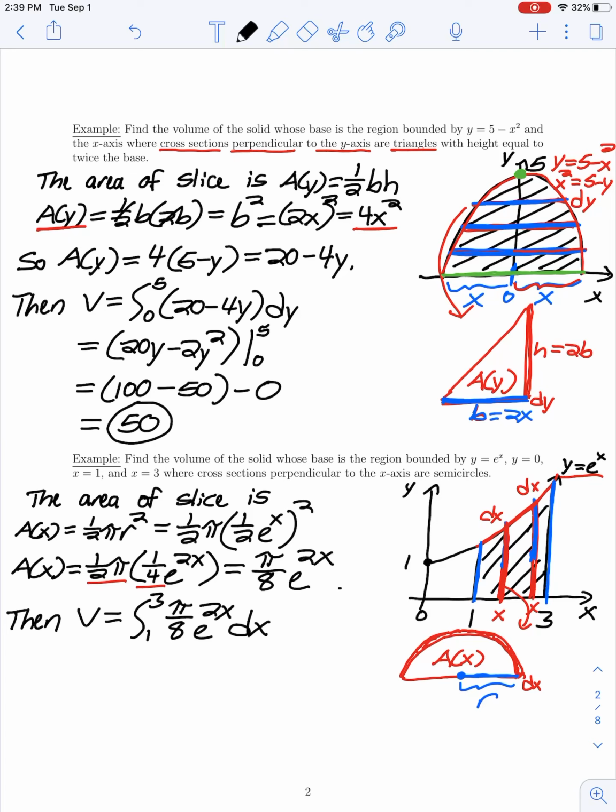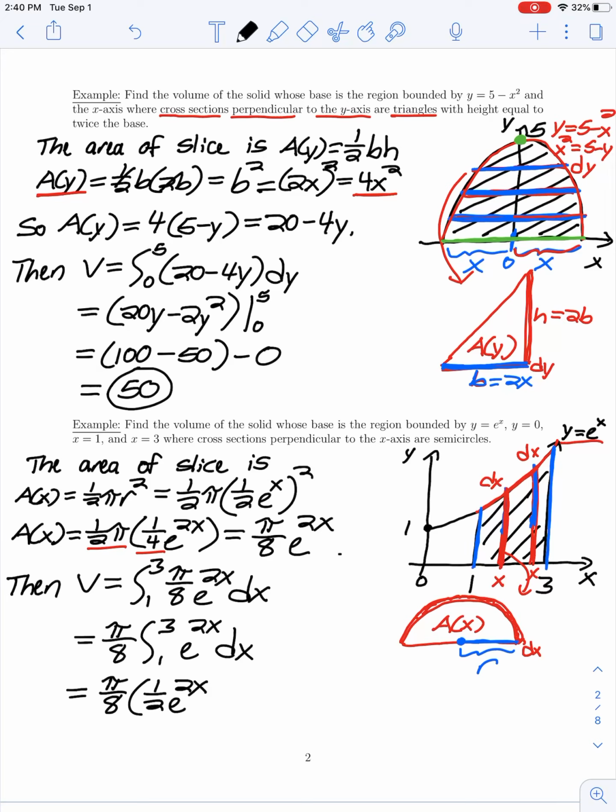So to evaluate this integral, I might first take out a constant, pi over 8, in front of the integral. And now the antiderivative of e to the 2x would be 1/2 e to the 2x. Recall that's one of the formulas that we had derived in our section on u substitution. And then we're evaluating this from 1 to 3.